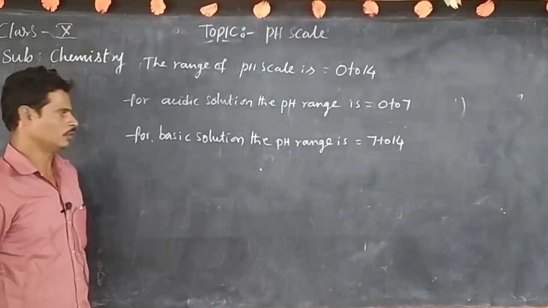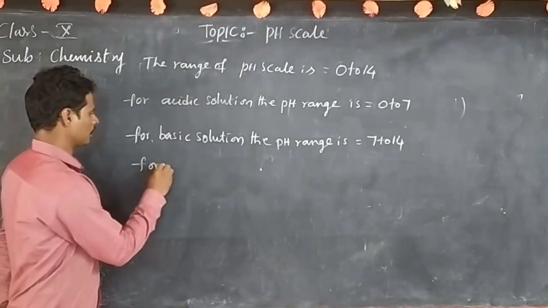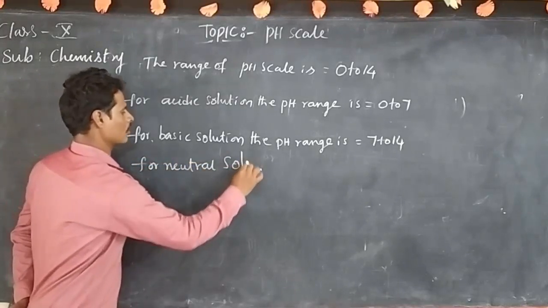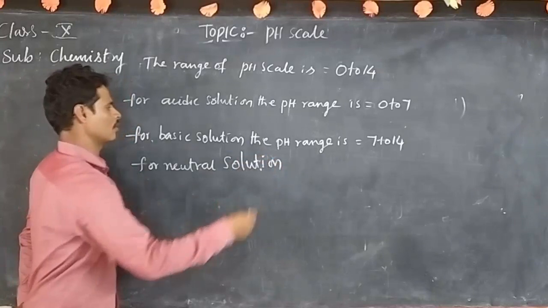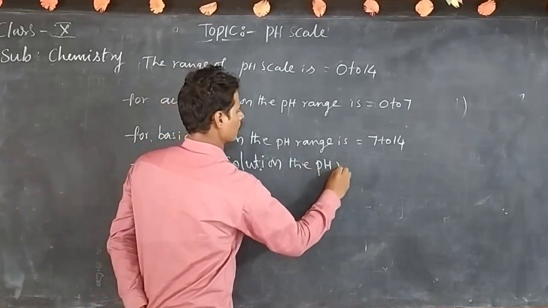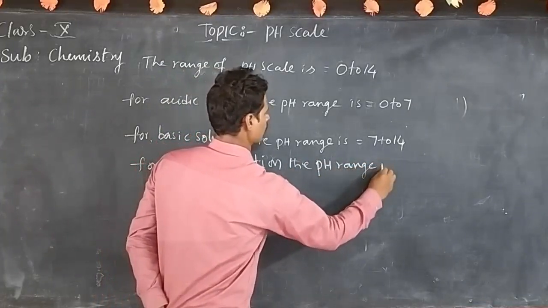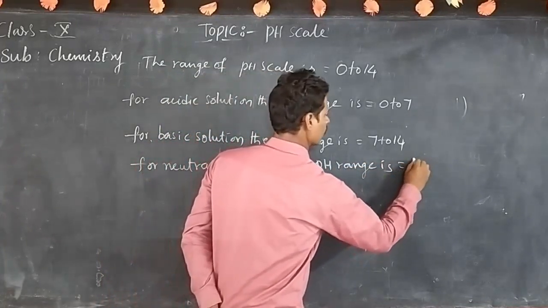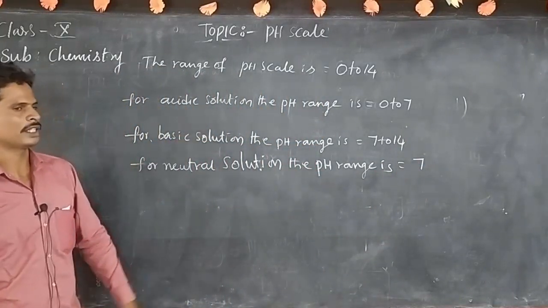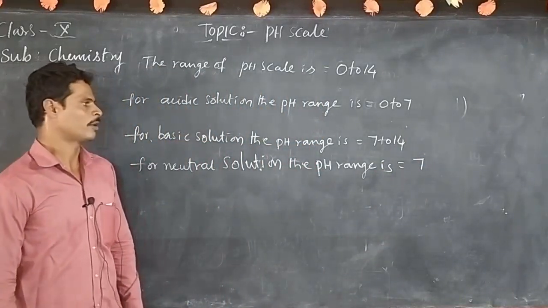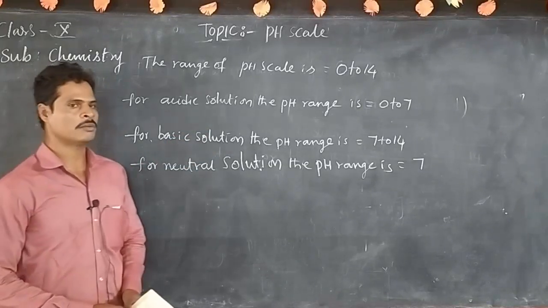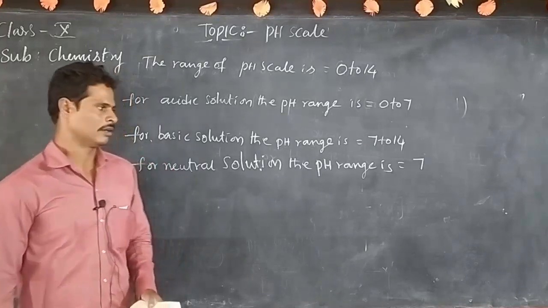What happens at 7? It is a neutral solution. For neutral solutions, the pH value is equal to 7. So for acidic solutions the pH range is 0 to 7, for basic solutions the pH range is 7 to 14, and for neutral solutions the pH value is equal to 7.